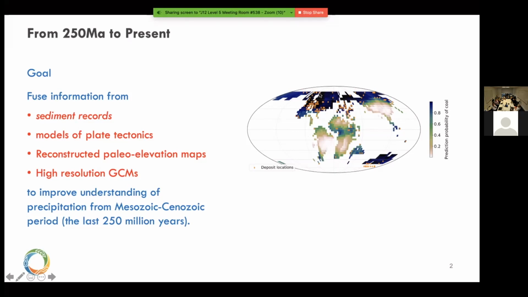But we start off with these areas where coal was found and dated back to about 14 million years ago. The idea is that coal is usually associated with wetter climates than drier climates. The other type of deposit, which I'll show you in some graphs, is evaporites. Evaporites occur where places are dry.